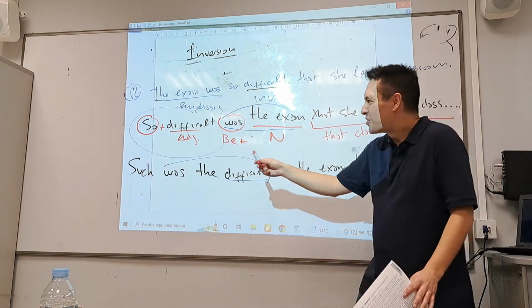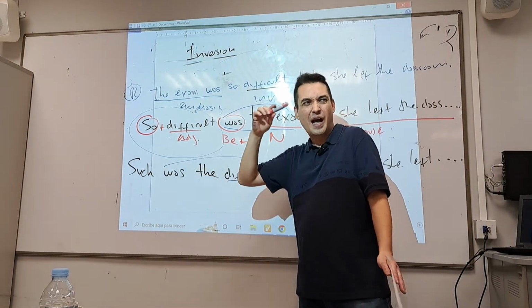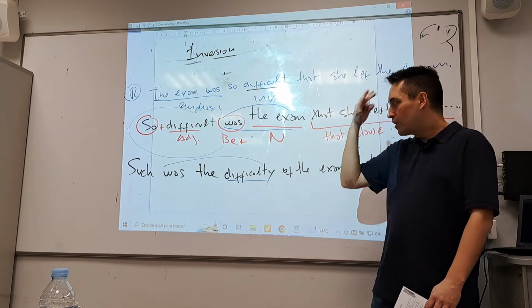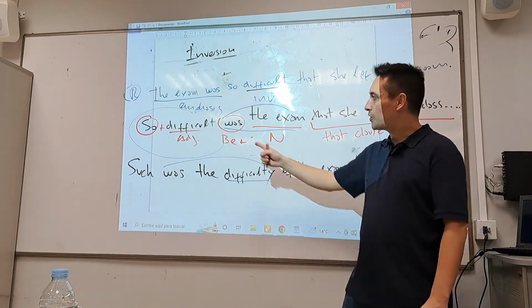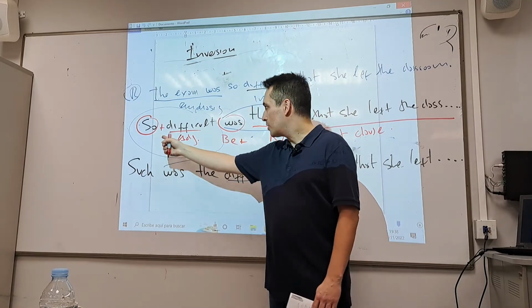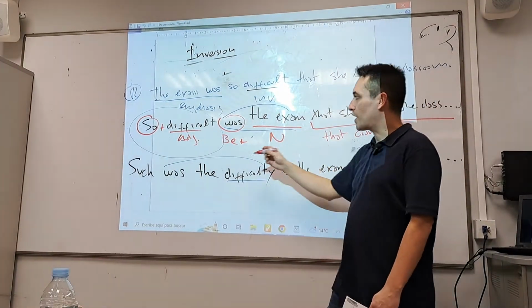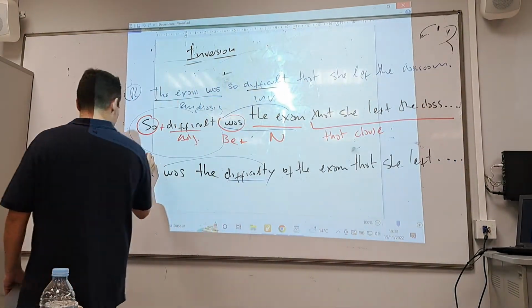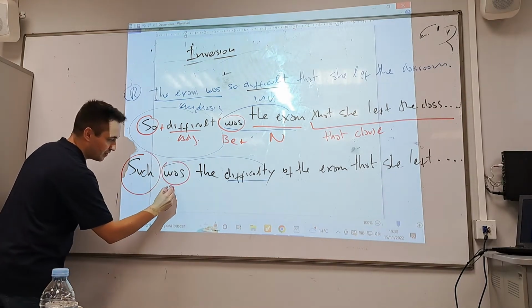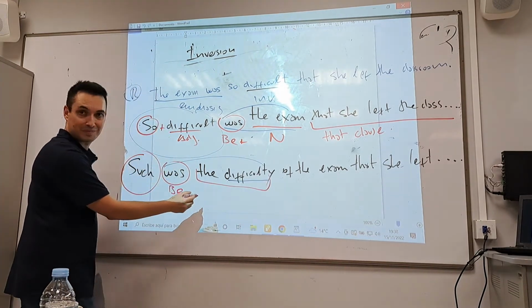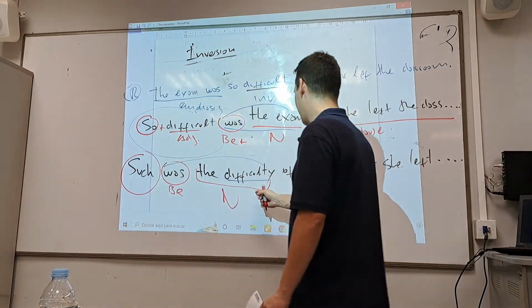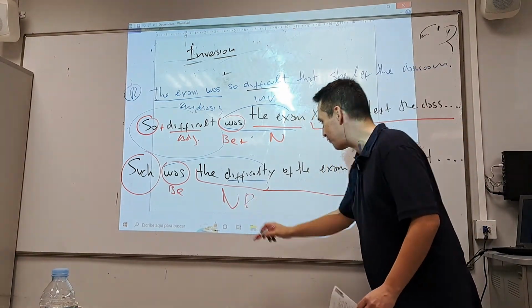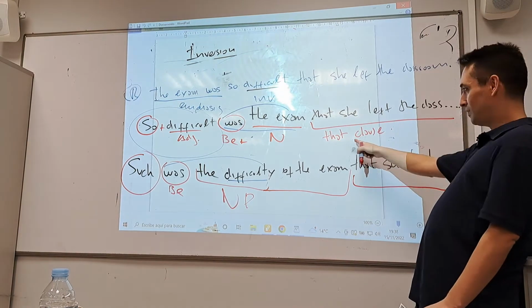However, this is like a mathematical formula. I don't like memorizing mathematical formulae, like so plus adjective plus be plus noun plus that clause. What I want you to do is to understand how to do it. And this one, you did it just by instinct: so difficult was the exam that she left the class, just starting with so. For such, the formula is such, then the verb to be, then a noun phrase, the difficulty of the exam, and then that clause.